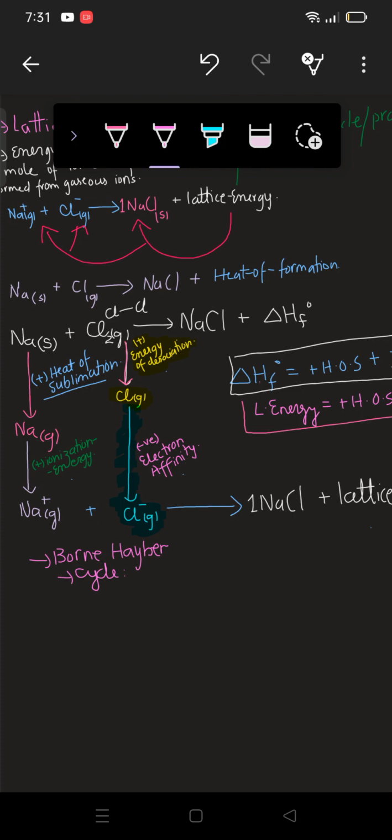And heat of formation is the energy released when reactants react together in their stable state to form a product. To find lattice energy, we have a process or cycle known as the Born-Haber cycle. You can actually find heat of formation as well as lattice energy. So this was all for today.